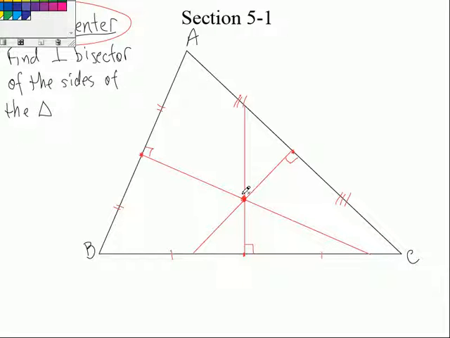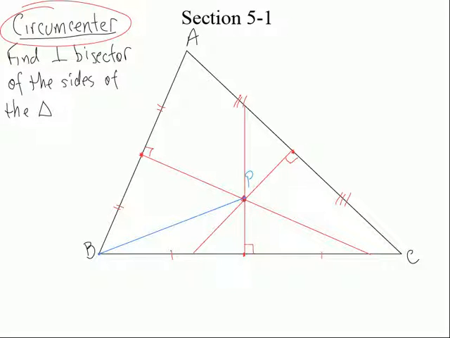If I took this point right here and connected it to the three vertices of the triangle, let's call this point P. If I connected from P to B, and from P to C, and from P to A, see all three of those blue lines right there? They should all be equal to each other. If this is the circumcenter, then it's equidistant from the vertices of the triangle.